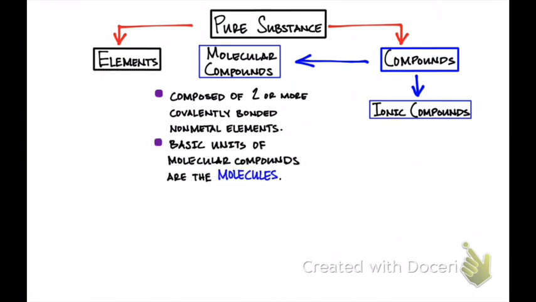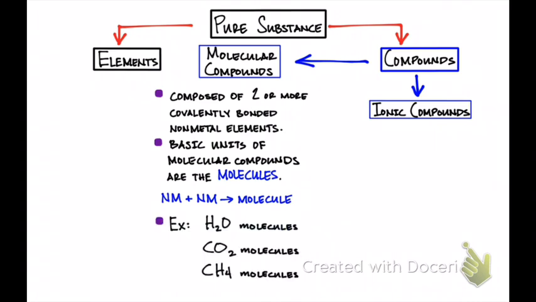So the basic units of molecular compounds are the molecules. So you have molecules in molecular compounds. Again, so if you have nonmetals that are bonded together via covalent bond, then you have a molecule. Again, water molecule, carbon dioxide, methane, alcohols, those are all good examples of molecules.